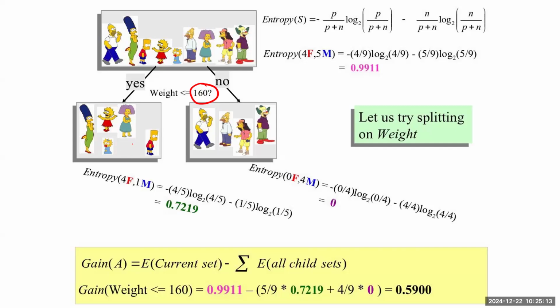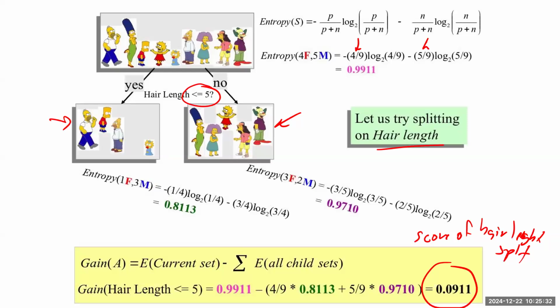And then because the left side has 5, the right side adds 4. So these 5 come here, and this 4 comes here. And then you get the final answer to be 0.59. So if we compare this split to the hair length, which one is better?